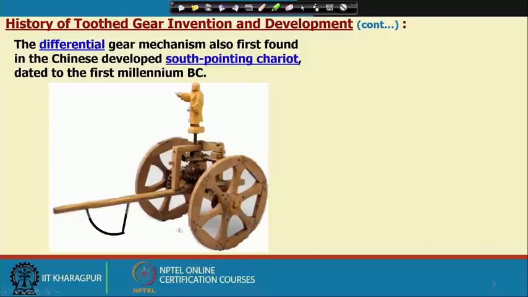Of course, one thing we should consider is that the wheel should not slip on the ground; it should be firmly attached to the ground and should roll.